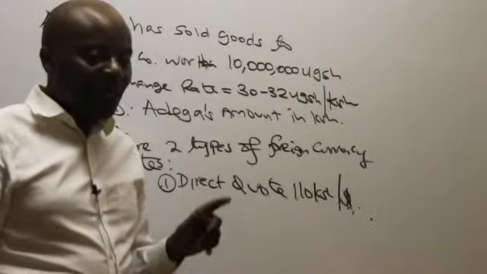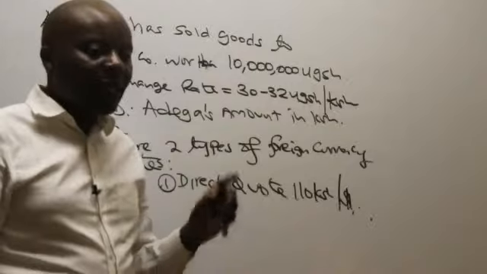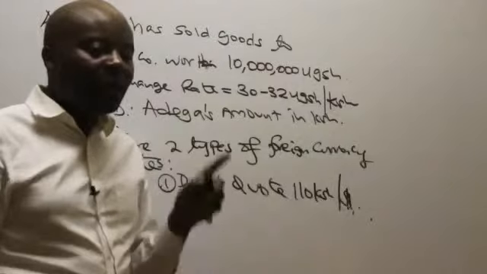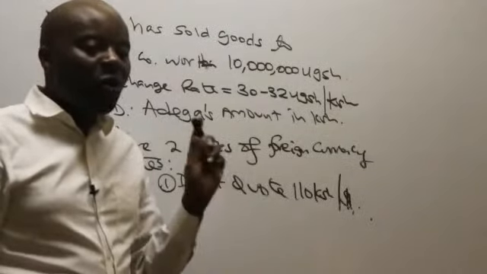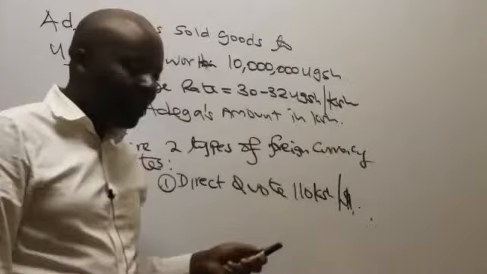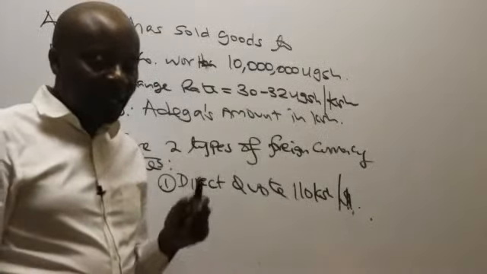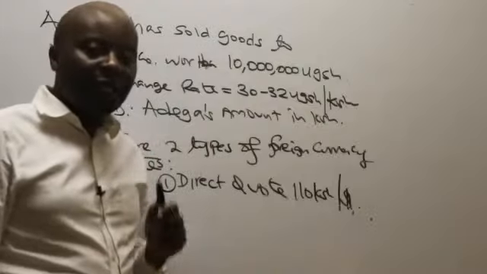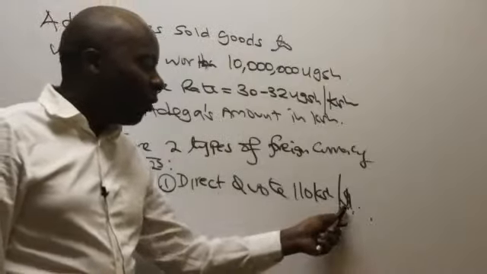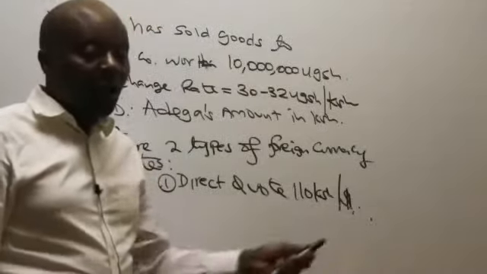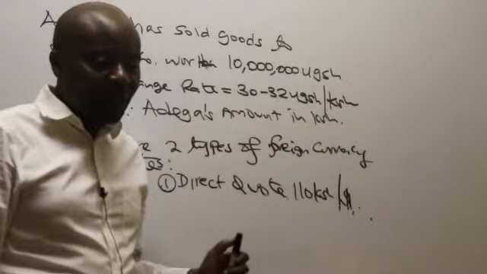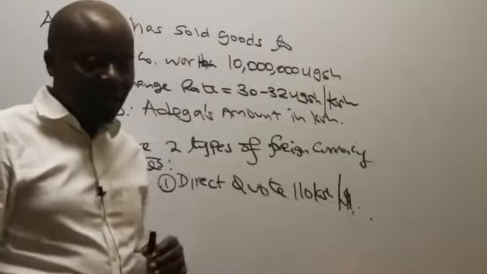I'm repeating again. We are saying that for a direct quote, an amount of local currency, the same as the home currency, needed to purchase 1 unit of foreign currency is given.